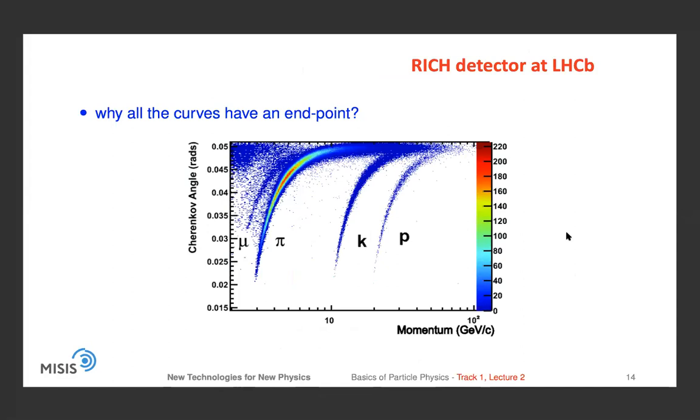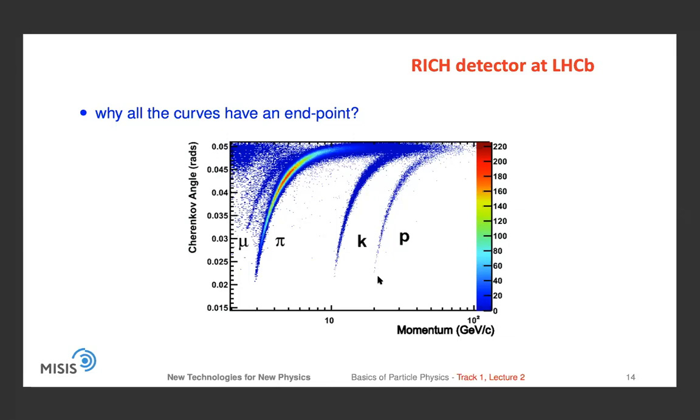Now let's go a bit to the Cherenkov radiation. And here in this plot, you can see the plot obtained with the RICH detector at LHCb. And it shows for different particles the Cherenkov angle in radians as a function of particle momentum.